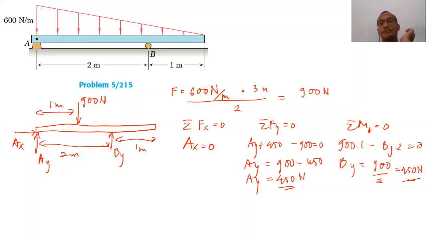So the next thing that I will do is to draw the new free body diagram for our cutting process. Okay, now I will continue with the new free body diagram for the cutting part.